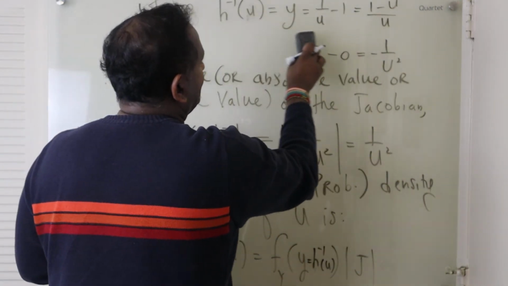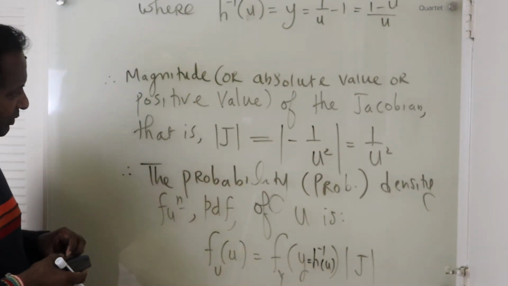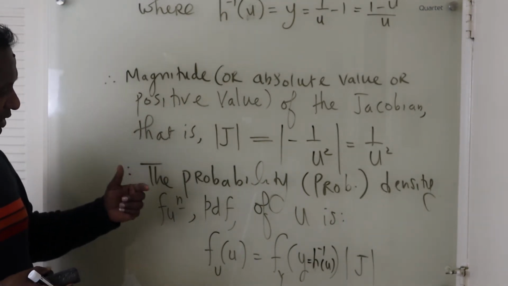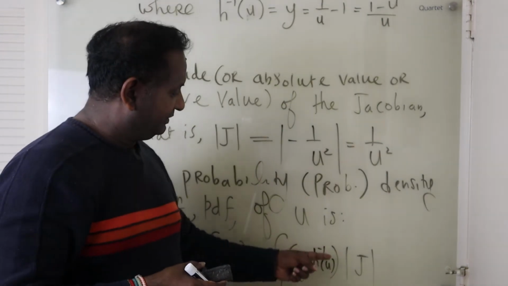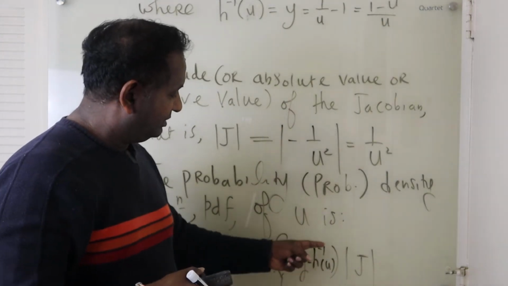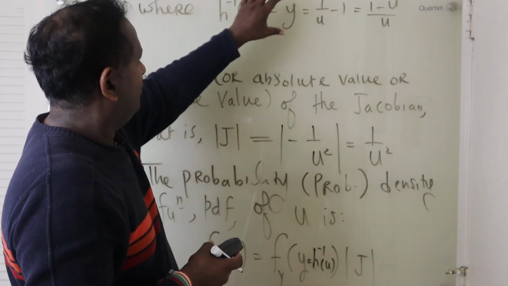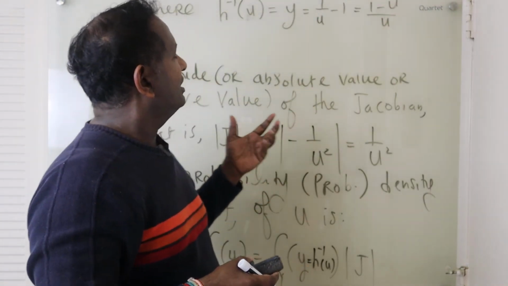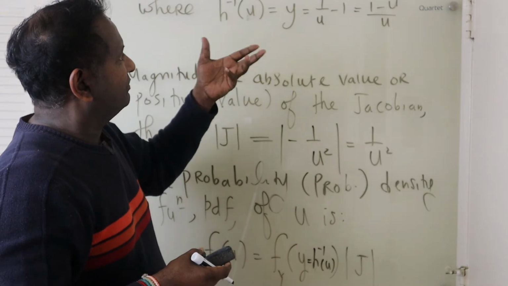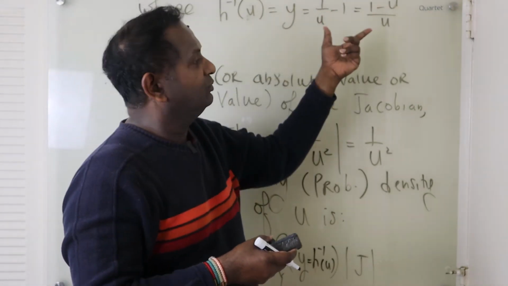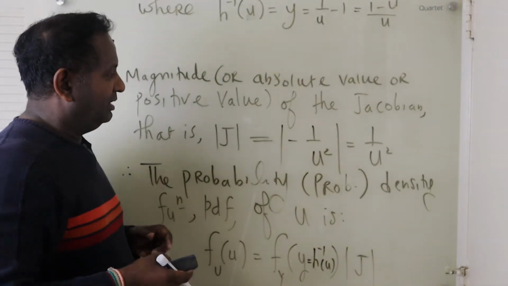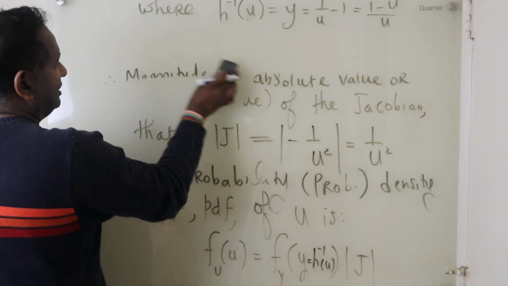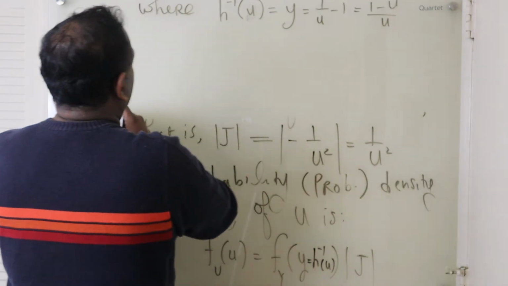So what we do is take the PDF already given for y, and replace y by its inverse function. Rather than working with y, you jump into u. Now y has been given in terms of u in this format, 1 minus u over u. It's not a big deal, and we multiply by the absolute Jacobian. So let's plug it in.